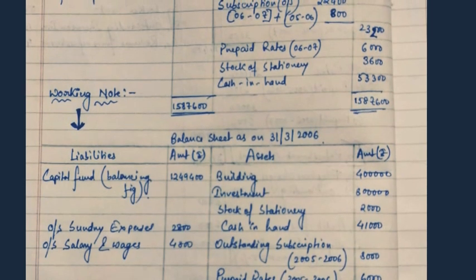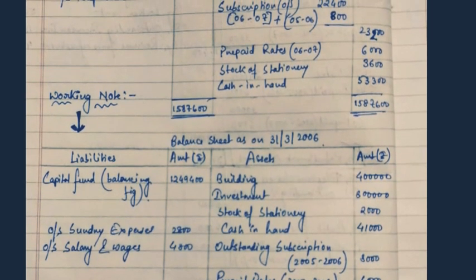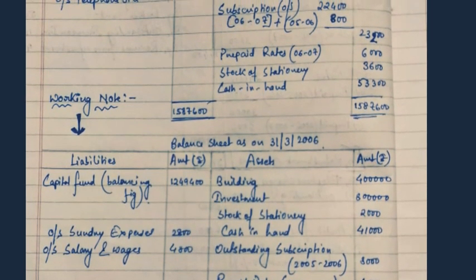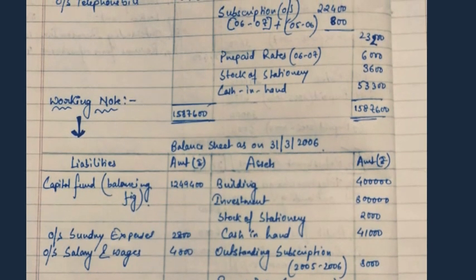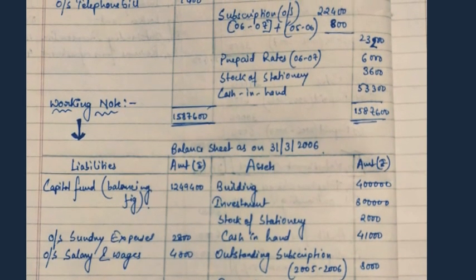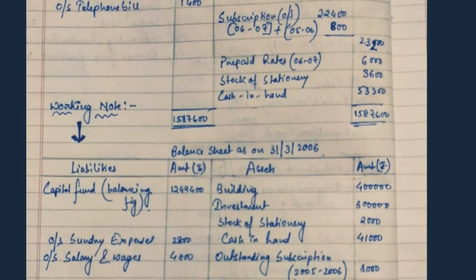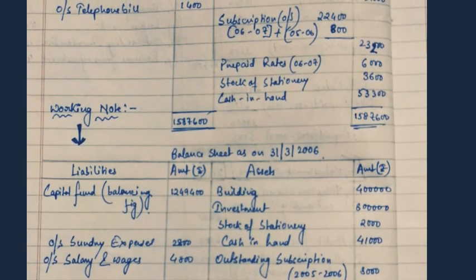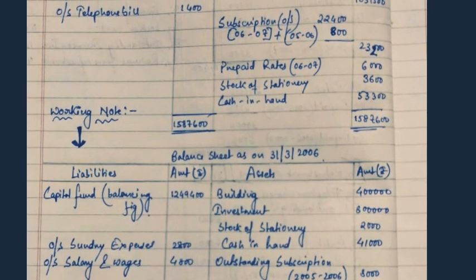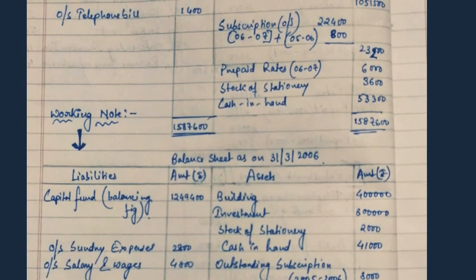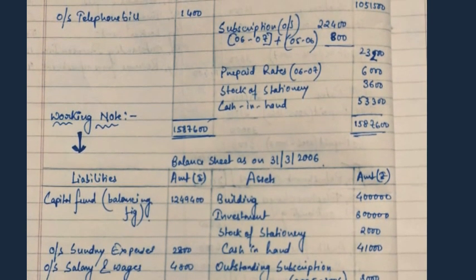Next, moving to the balance sheet for the current year, that is 31st March 2007, we have on the asset side land 60,000, building 4 lakh, from which depreciation already recorded on the expenditure side of the income and expenditure account will be deducted, 10,000, net amount 3,90,000.